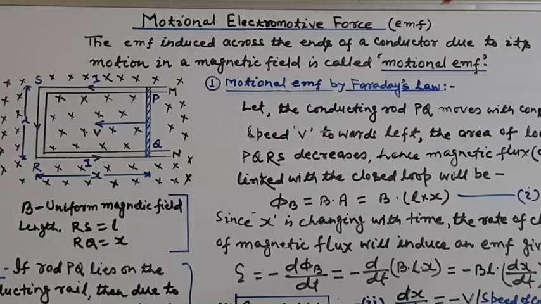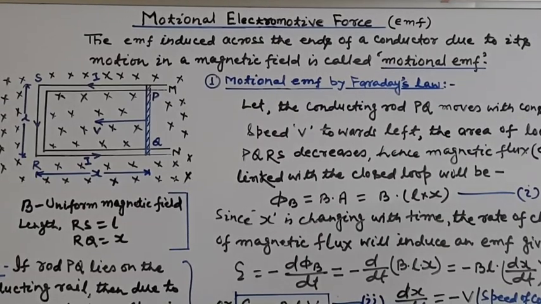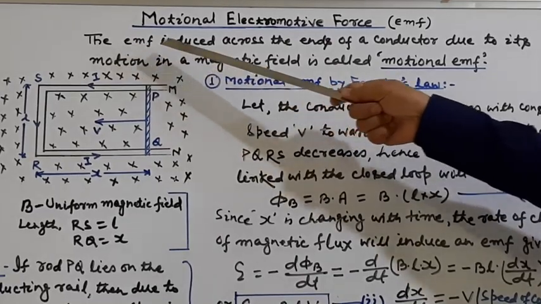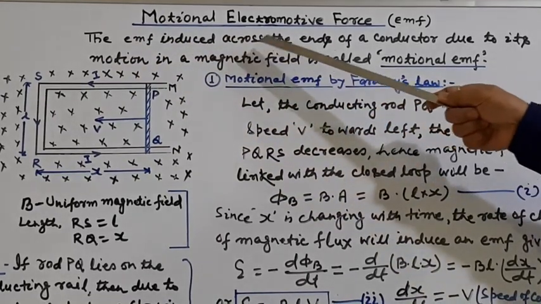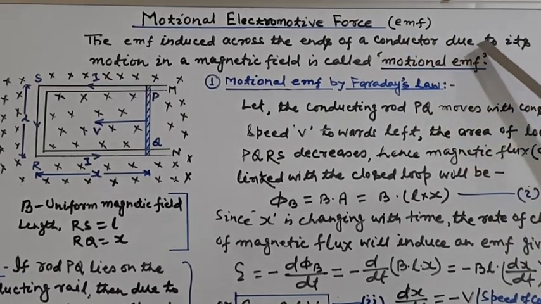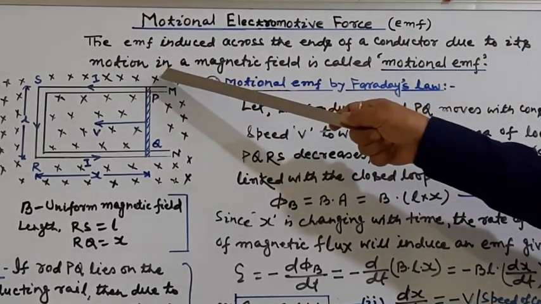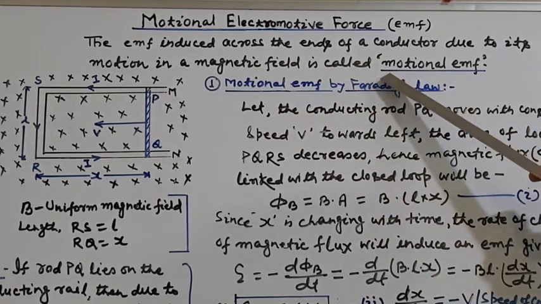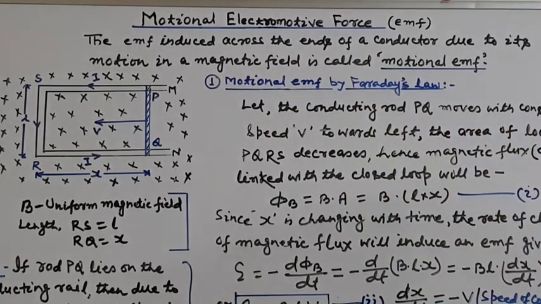Then the question is, what is the motional EMF? It is said that the EMF induced across the ends of a conductor due to its motion in a magnetic field is called motional EMF.